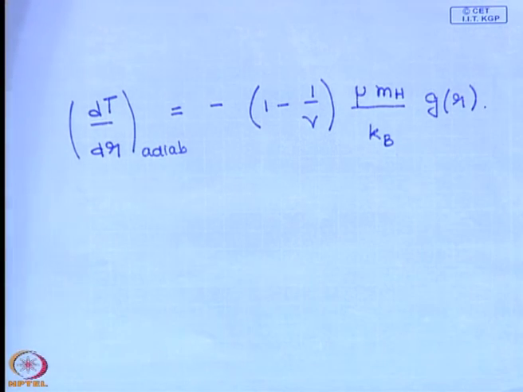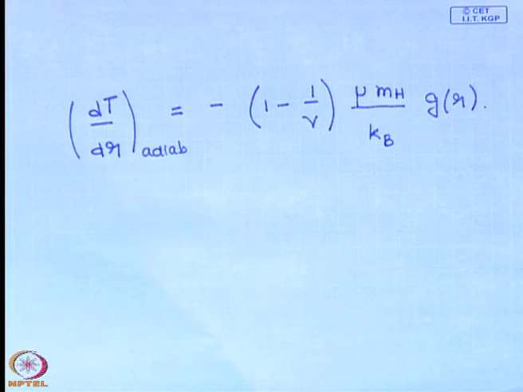Okay. So, we have now obtained the 4 equations that have to be solved to determine the structure of a star.